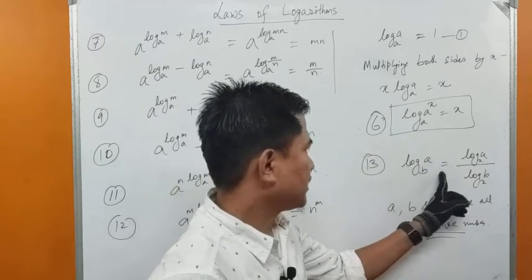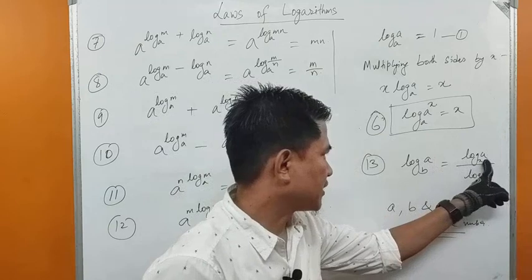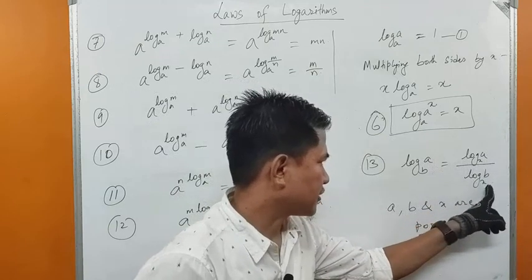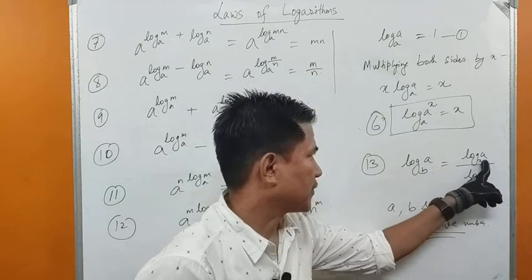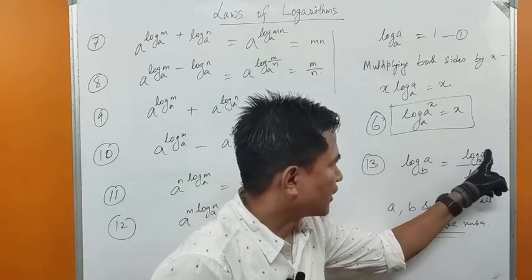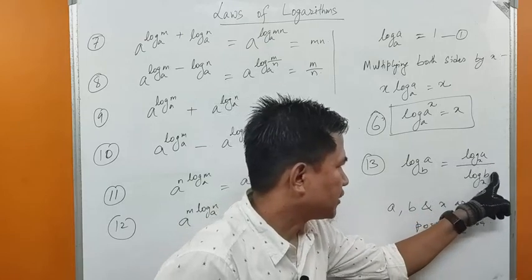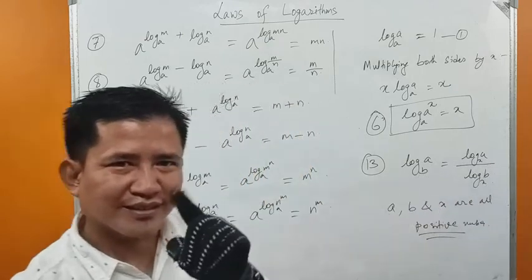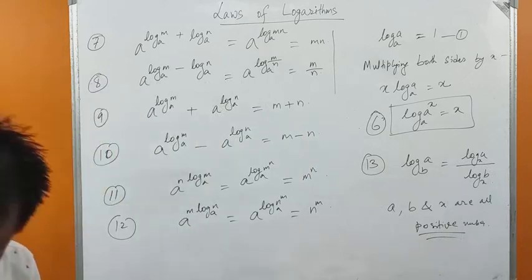Base must be same. You can write it as log a to the base 10 divided by log b to the base 10. Okay, this is the 13th and the last rule.